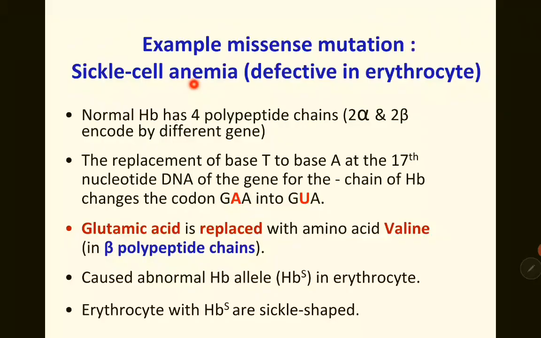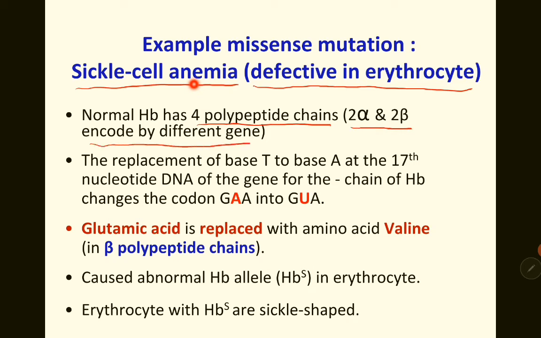An example of missense mutation is sickle-cell anemia, which is a defect in the erythrocyte, our red blood cell. In normal hemoglobin, we have 4 polypeptide chains, 2 alpha and 2 beta, coded by different genes. The replacement of base thymine with base adenine at the 17th nucleotide of the DNA of the gene for the beta chain of hemoglobin changes GAA into GUA.